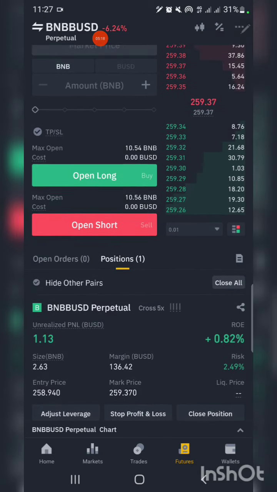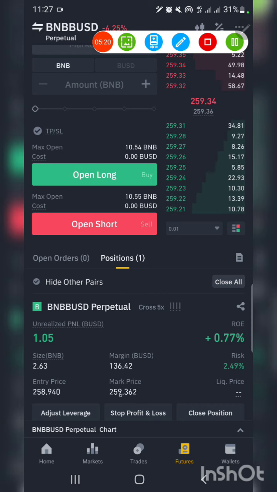That's the secret of futures: make your leverage lower. Lower leverage, higher margin. It's better to maintain lower leverage and higher margin. So don't overwhelm your trade, don't overwhelm your wallet balance.